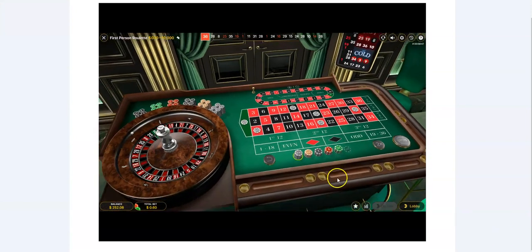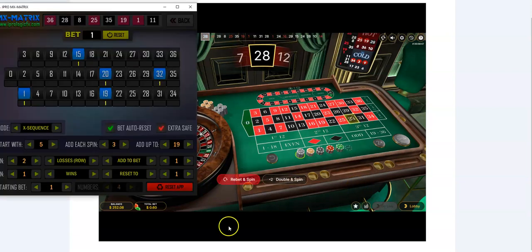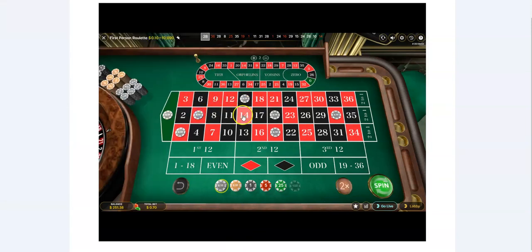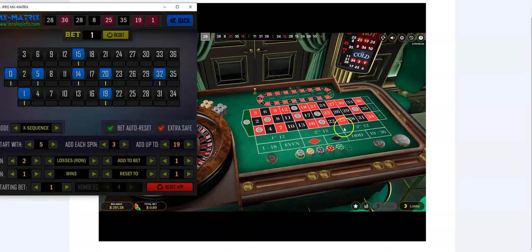Okay. Loves that 28, huh? So here we go. Now we're going to add, oh, our 0 is added. But we already had it, so it didn't matter. So we're going to add 5 and 14. That's it. Yep, that's it.